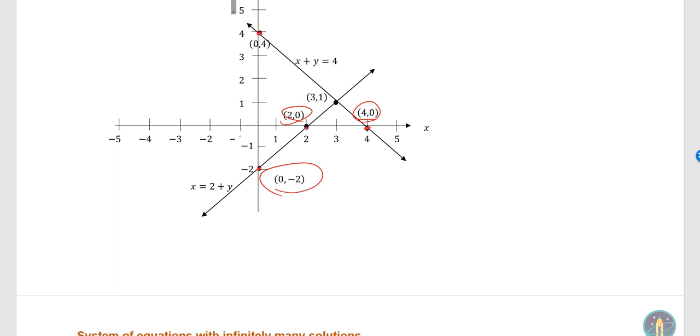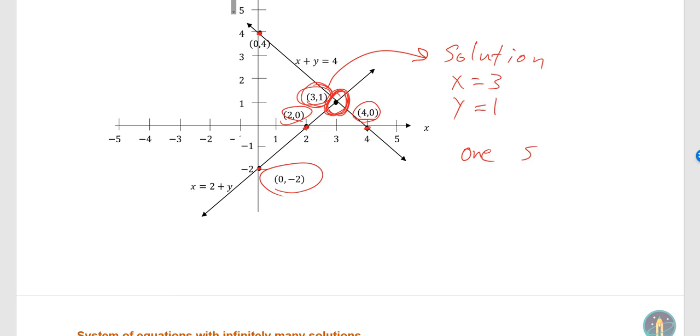By graphing these two lines, we get this intersection at the point 3 and 1. So this is our solution. Our solution is x equals 3 and y equals 1. One solution.